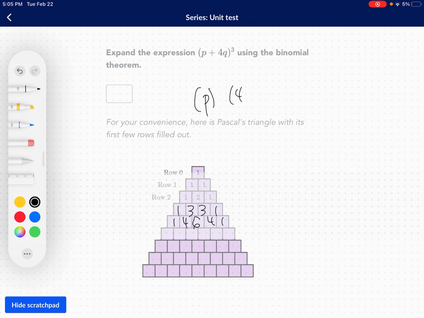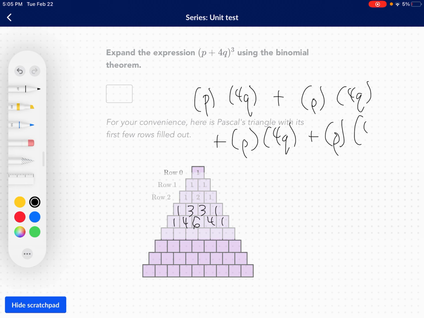Okay, so (P + 4Q)^3, and we need to do 4 of these terms. The first one is descending, so 3, 2, 1, 0, and then 0, 1, 2, 3. Using Pascal's triangle, we get 1, 3, 3, 1.